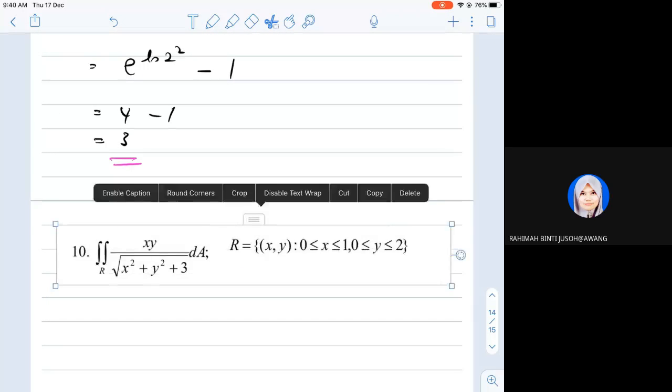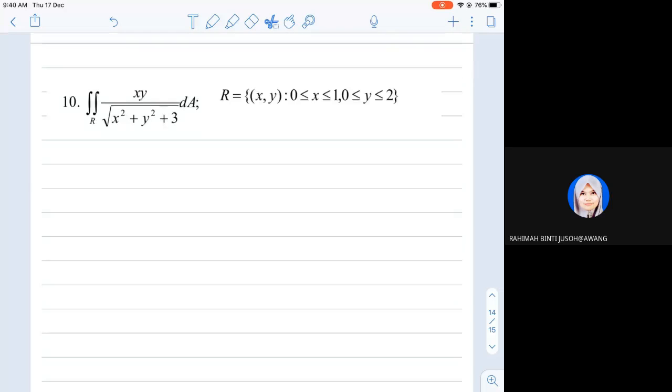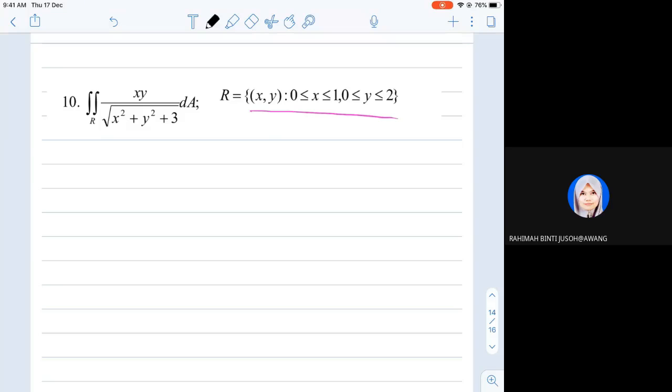Okay, good. Question number 10. Since this is a rectangular region, it's up to you: you can use dy dx or dx dy. Which do you want? dy dx.